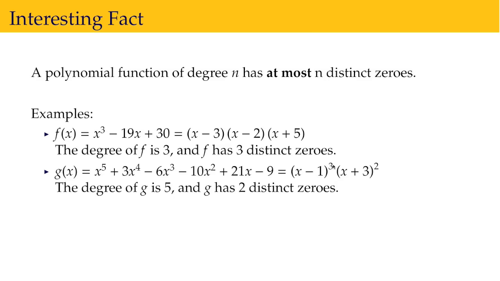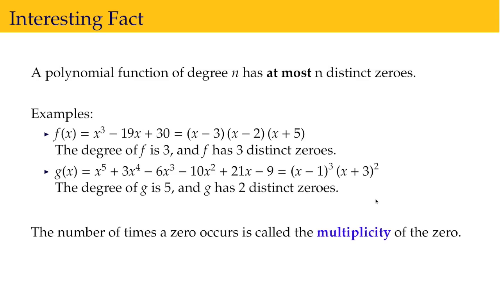Notice how this happened: I've got x minus 1 cubed, and since this one's cubed and this one's squared, that's how I got to a 5th degree polynomial without having more than 2 zeros. And the number of times a zero occurs is called the multiplicity of the zero.